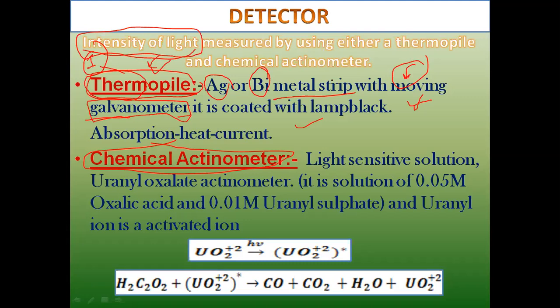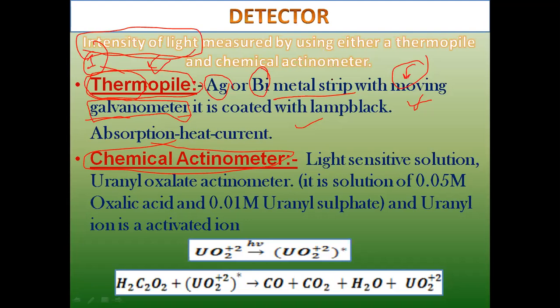The second one is the chemical actinometer. There are some metals and some molecules that can be used as a chemical actinometer. When we think about a photochemical reaction, there are some initiation processes.